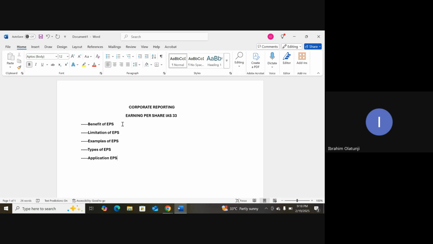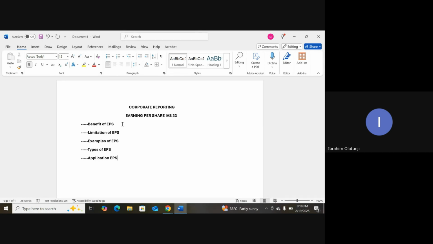So earning per share is also subjected to what is called window dressing and creative accounting, as a result of financial manipulation. Window dressing and creative accounting is when you are trying to doctor the financial statement, that is, you want to manipulate the figures.